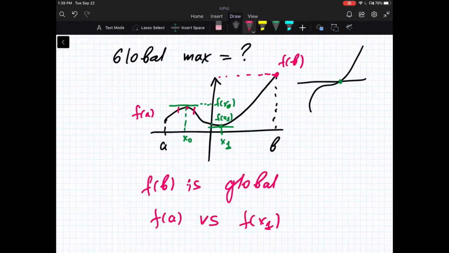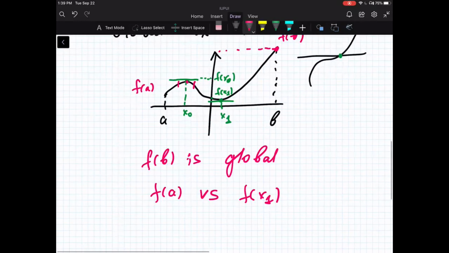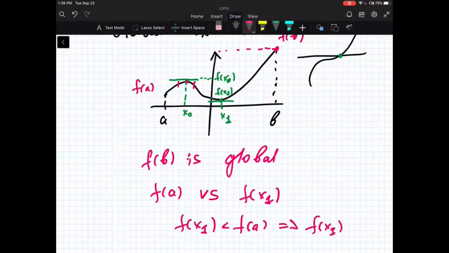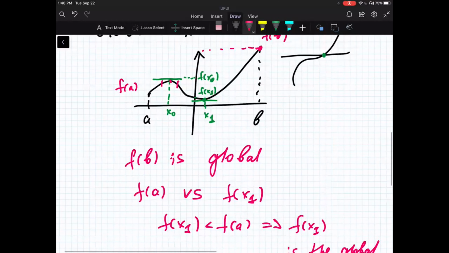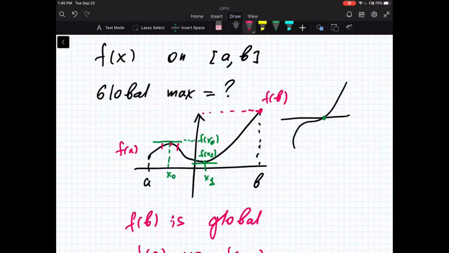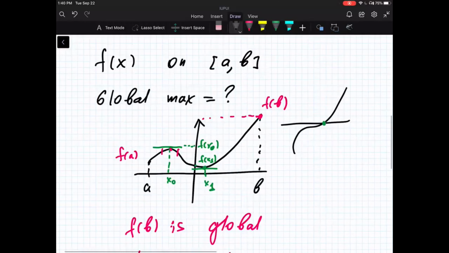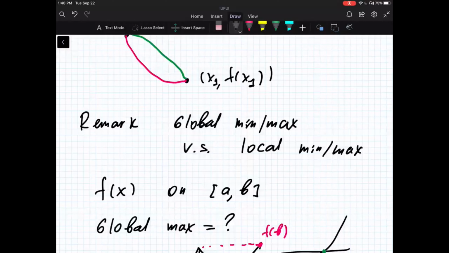Because on this picture, it looks like f of x1 is less than f of a. That means that f of x1 is a local minimum, but it's also a global minimum. So to summarize, again, you should check the endpoints as well. Okay, this is what I wanted to say about this.